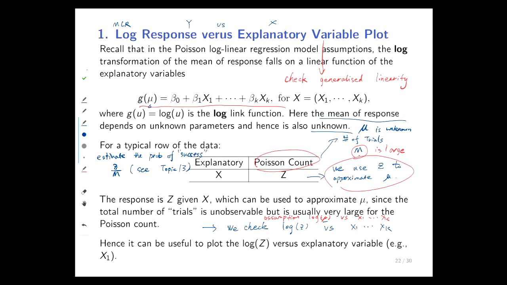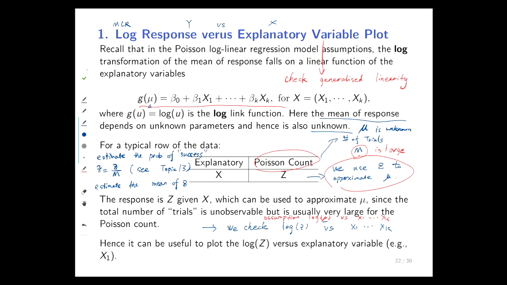And if we have the probability of success, the next question is what is the mean of z? We can use pi tilde here, which is the probability of success. So how to estimate the mean of count z?